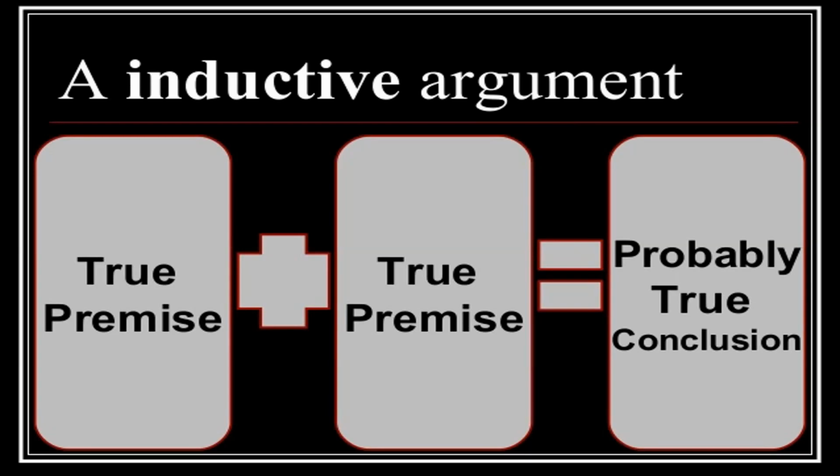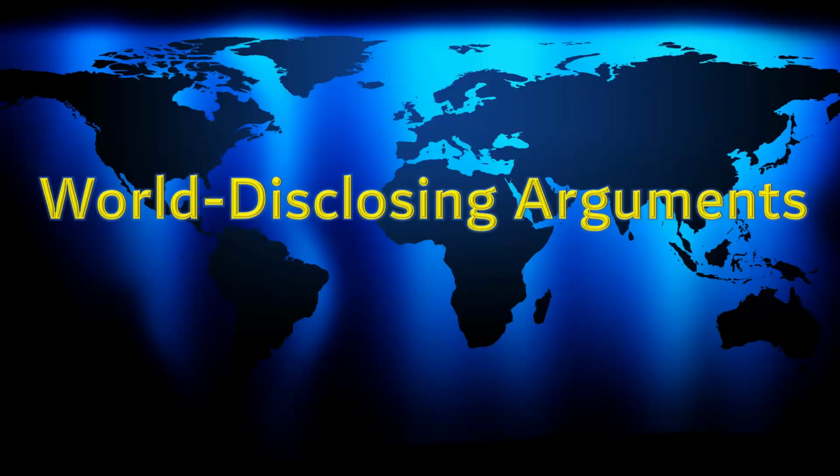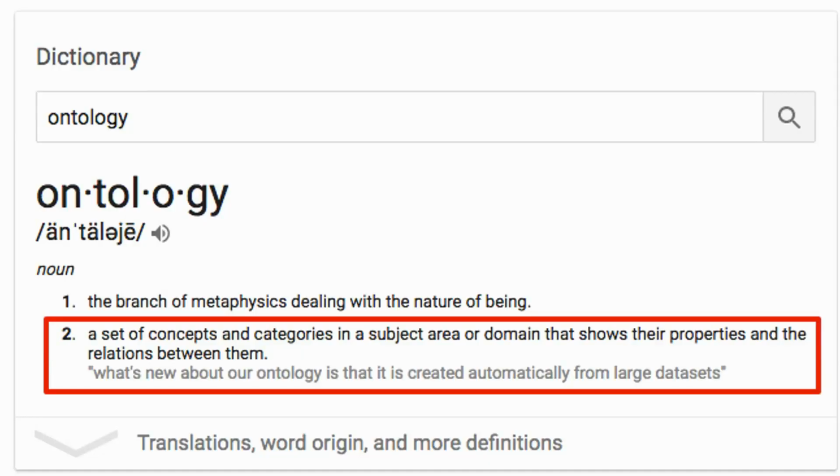Then we have the larger arguments, the world-disclosing arguments, which are arguments based on ontology and disclosure. Now, I know what you're asking yourself. What in the hell does ontology and disclosure mean? I'm glad you asked. Ontology is a big philosophy metaphysics word, but it's simple.